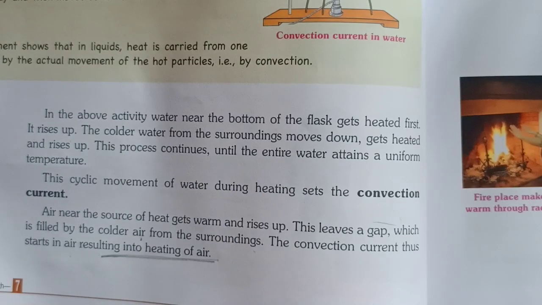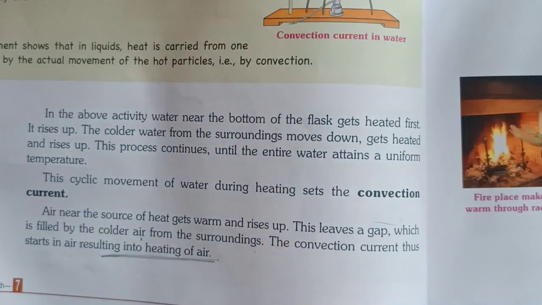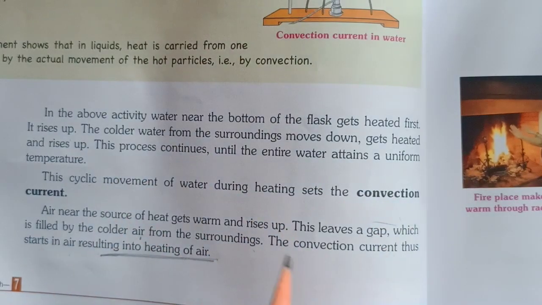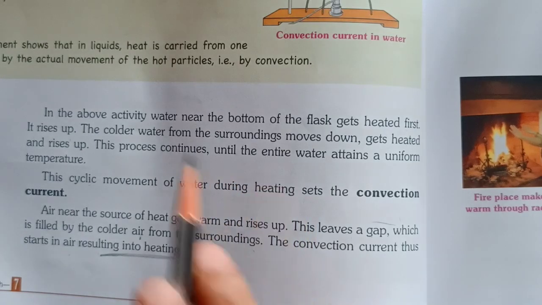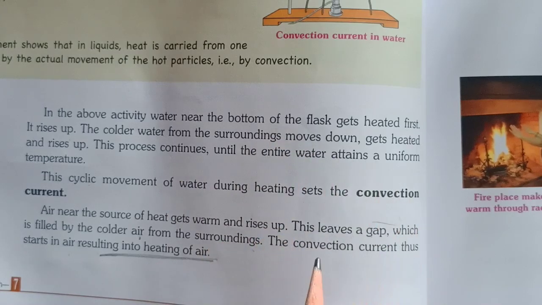So when we are heating air, suppose in a room, what will happen? The air which is near the floor or the bottom will start getting heated up and rise up. Okay, they will rise up, and the air that is present at the top will come down. So a convection process will occur and the entire heat will be flowing from one place to another by the process of convection by air.